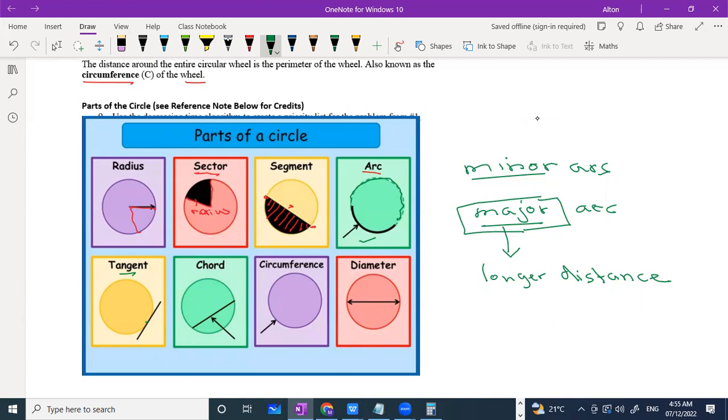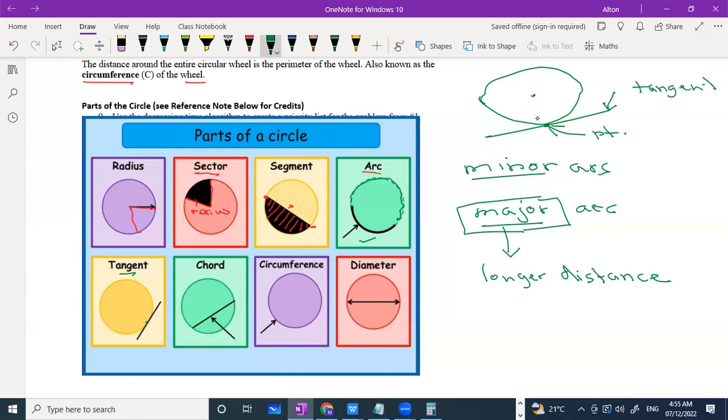And notice the tangent will not cut the circle, it will touch the circle at a particular point. So that's the point it's touching. The circle only touches at one point, and the line is what we call the tangent.